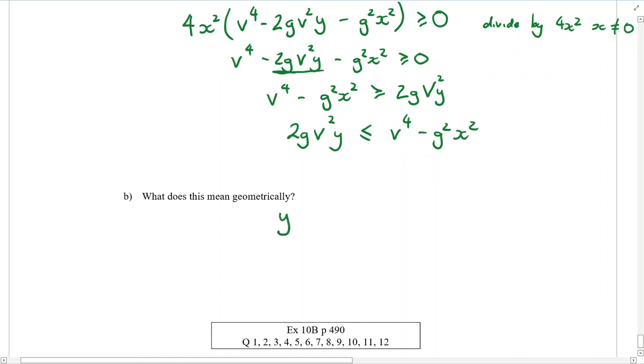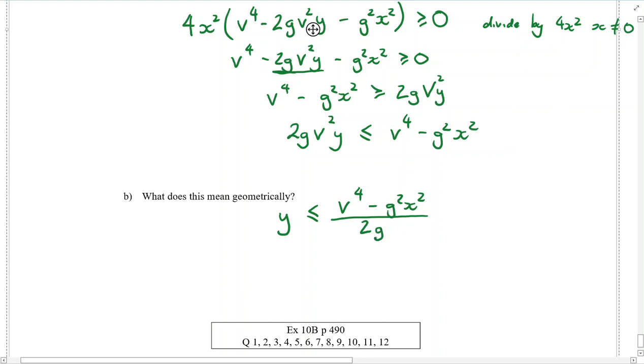So if I leave the y less than or equal to, I have v to the power of 4 minus g squared x squared over 2gv squared. And you can even split that to be the two terms.